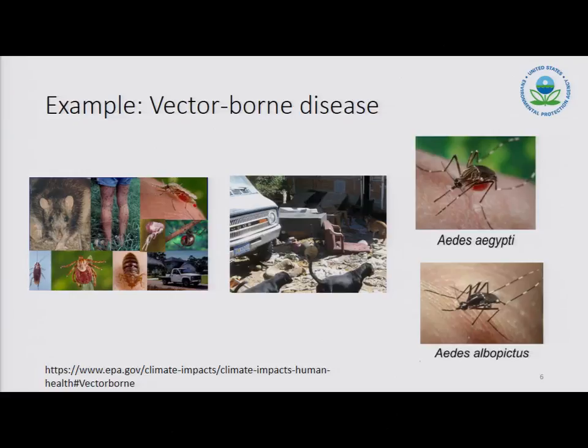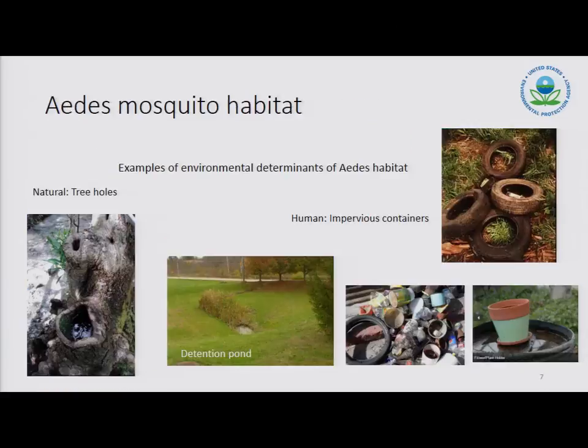Then on the right are Aedes aegypti and Aedes albopictus. Those are Asian tiger mosquitoes. They carry Zika, chikungunya, and dengue viruses. Right now we're working in Brownsville, Texas, which was the second community in the continental U.S. to have locally transmitted Zika.